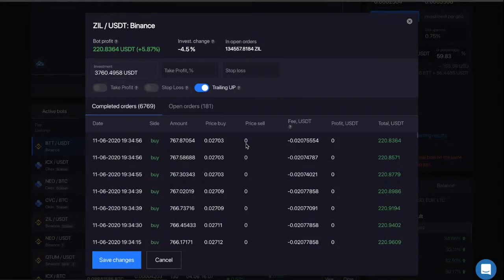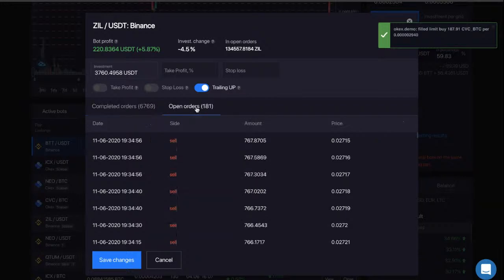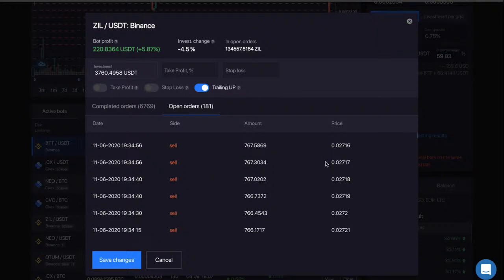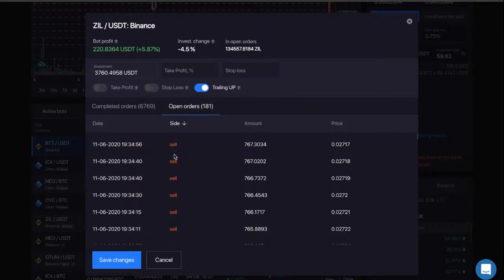Well, it seems like, let's go to the open orders. Yeah, it seems like my computer is now very overloaded. That's why it takes time for me to load the page. And let's go to the buy side.